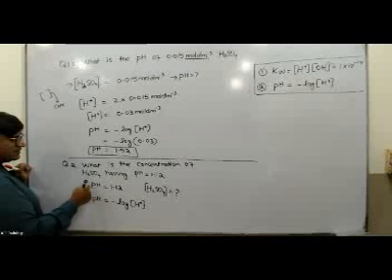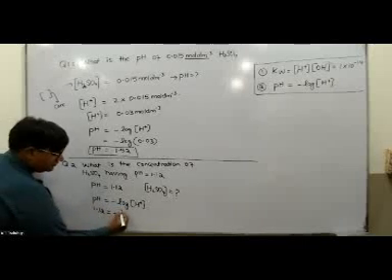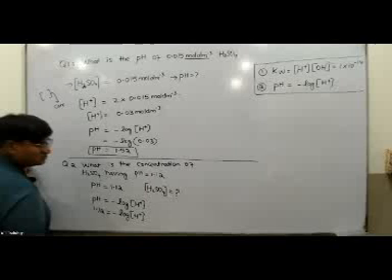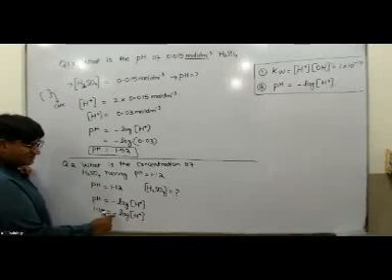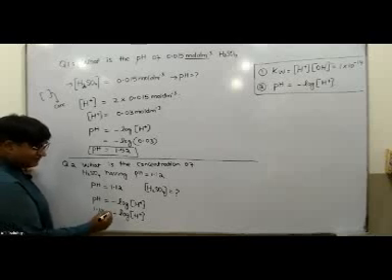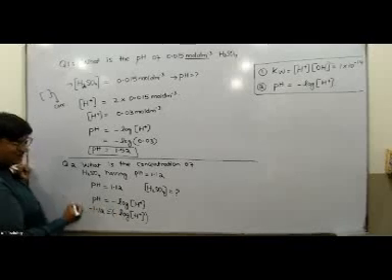So put the value up there. The value of the pH is 1.12, equal to negative log of hydrogen ion concentration. Now this is negative up here. If you want to remove this negative, you should multiply both sides by negative.